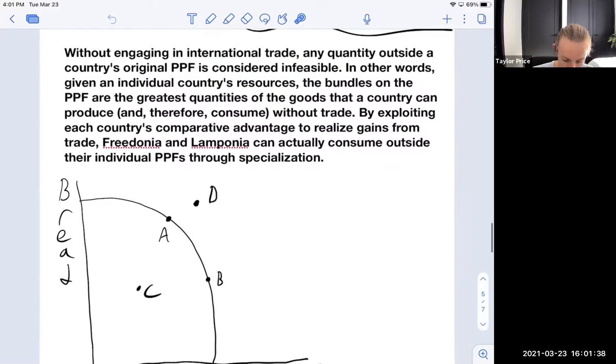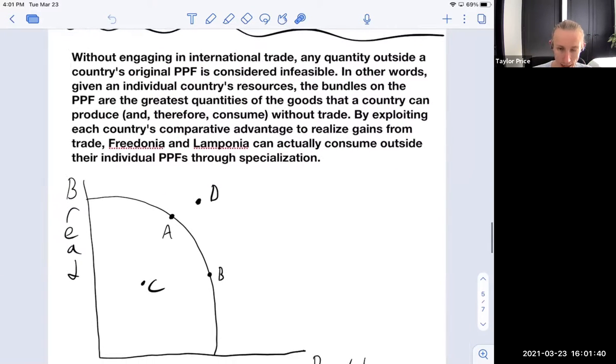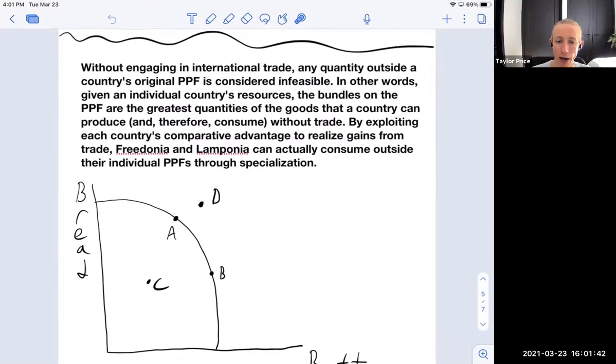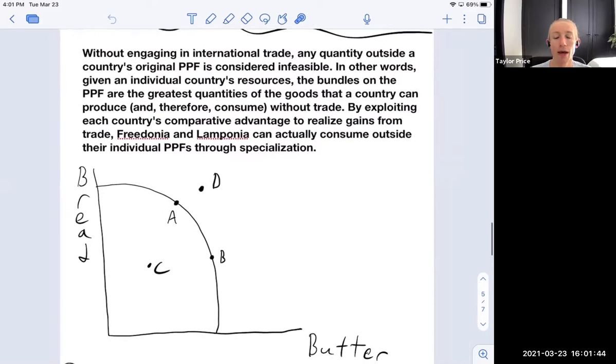Okay, this question was from the end of the chapter 9 quiz. What this question's really getting at is the production possibility frontier. So remember that without trade, a country can only consume along its production possibility frontier. So points A and B are possible, whereas point D is only possible under 2 scenarios.